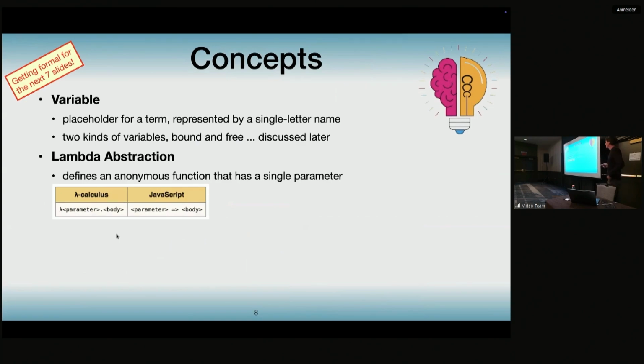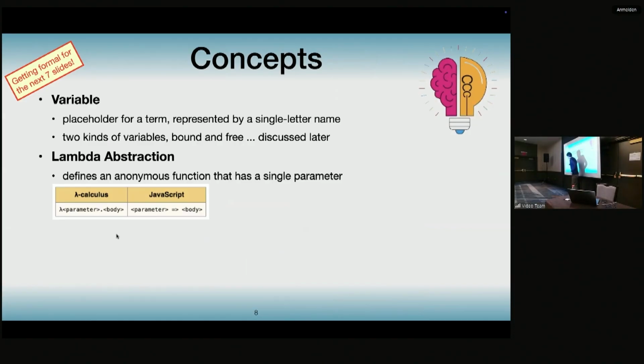Then there's lambda abstraction, which is really just a fancy term for defining an anonymous function. And there is the official Lambda Calculus syntax, and then there's the syntax of all the other programming languages. And I'm going to try to show side by side here the difference between those syntaxes.